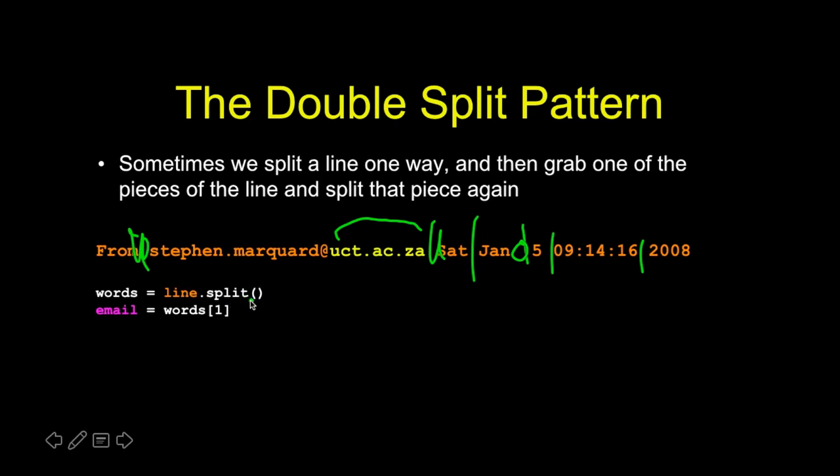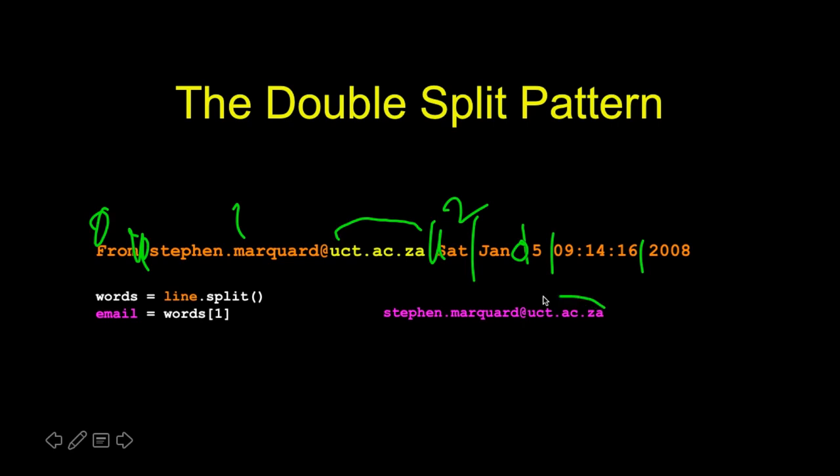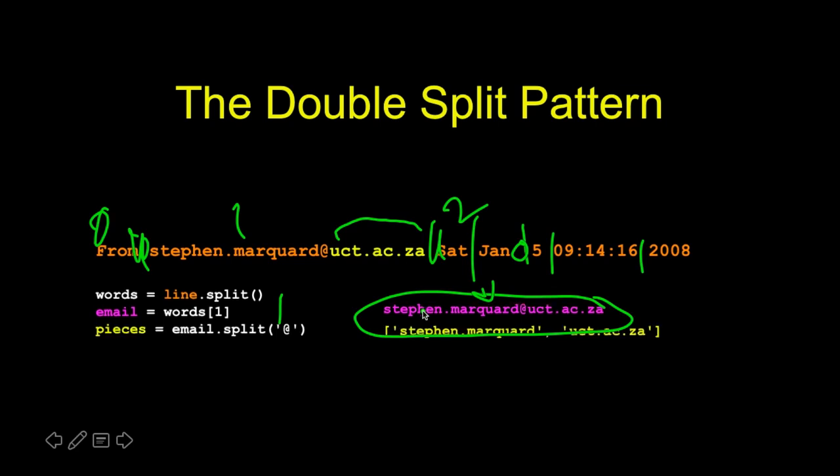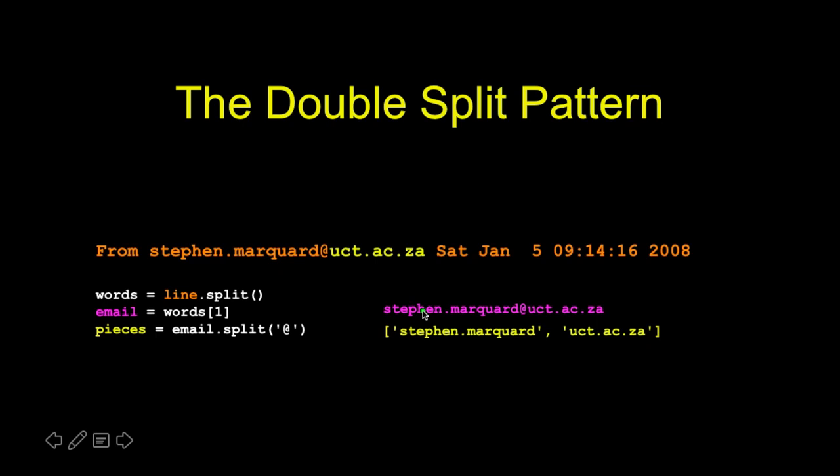And then words sub 0, 1, 2. Word sub 1 is this email address. So we'll put that in a variable called email. And so email will be a string that's just this. So in 2 lines, we've pulled out this second address into a variable. Then what we're going to do is re-split that. We're going to take this string we've got and split it based on @ sign because we know it's an email address.